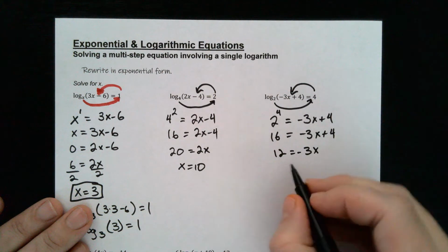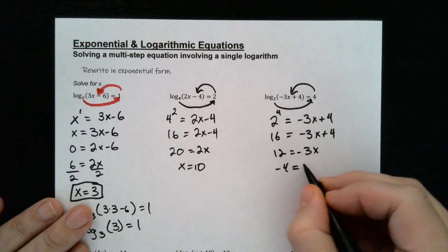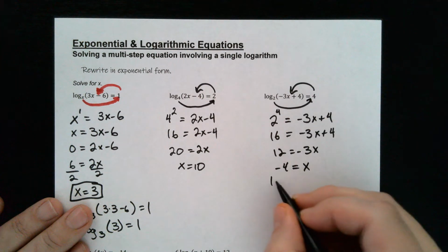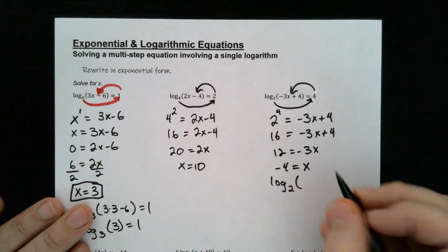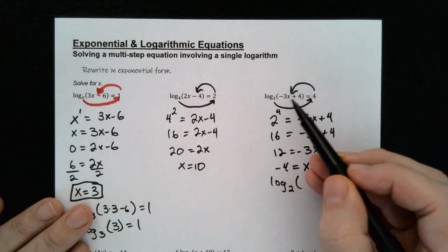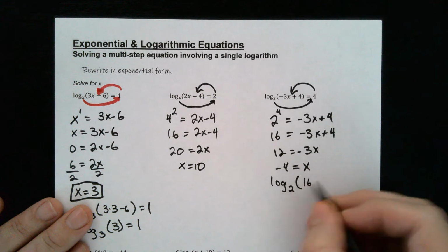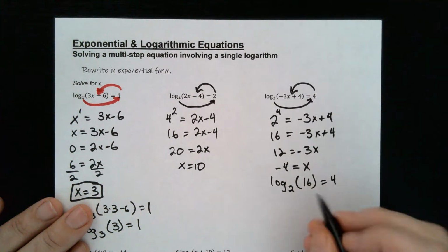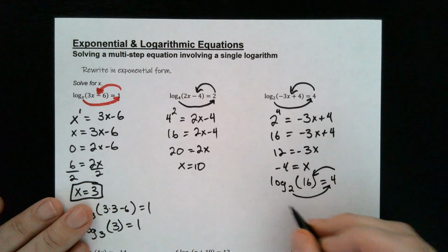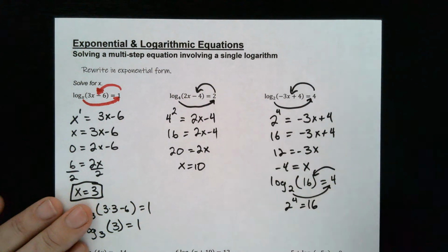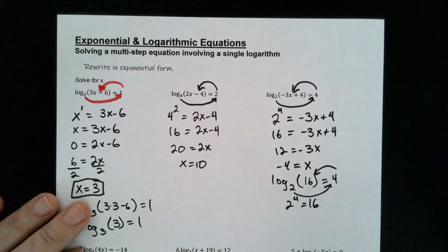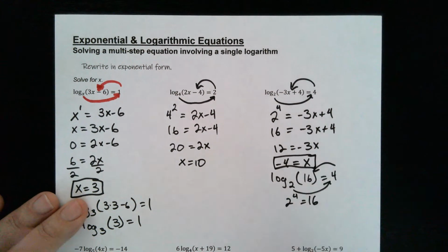Divide by negative 3, and you get negative 4 is equal to x. If we plug that in, we get log base 2 of, if I plug a negative 4 in right here, times the negative 3, that's going to be 12. Plus 4 is 16, is equal to 4. So 2 to the 4 is equal to 16 is true. So that works. Our answer is negative 4.